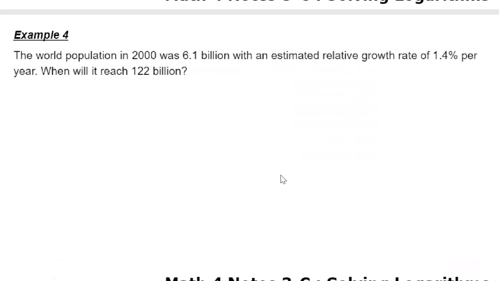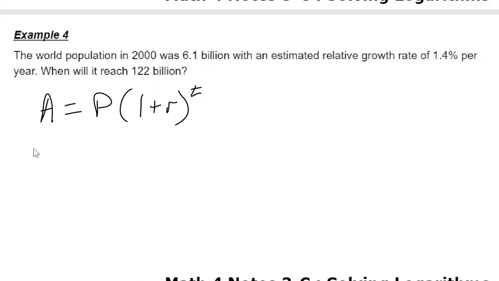Now, when we start getting into things like population growth, they're not compounding daily or anything like that. They're usually doing things 1 year at a time. So your formula is going to be a more simplified version of this, 1 plus r to the t. If we start with 6.1 billion now, and we're going to reach 122 billion, I'm going to do this in terms of billions.